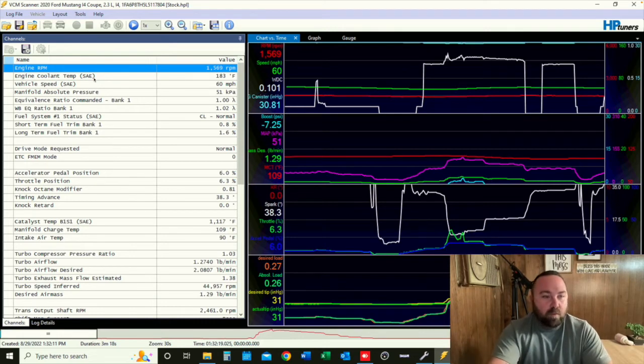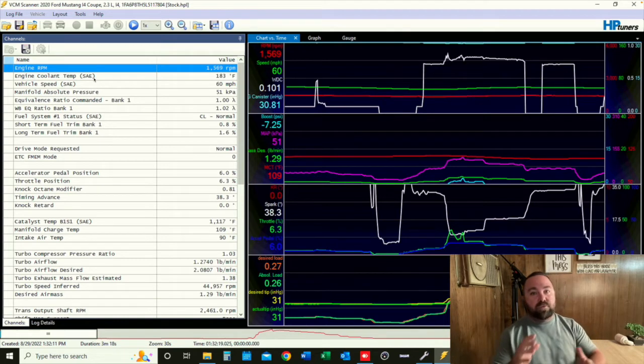So, what we're going to be learning today is the scanner portion of the VCM suite. Last time you were here, we went over the editor version and looked at a 2020 EcoBoost Mustang calibration file.